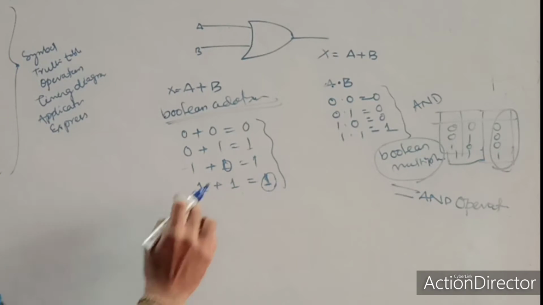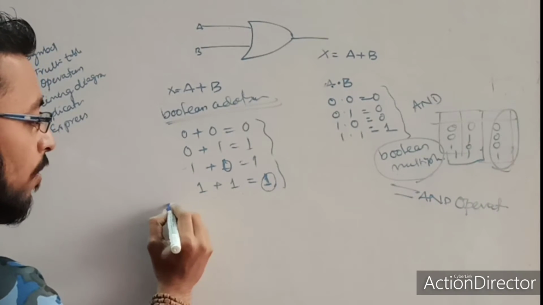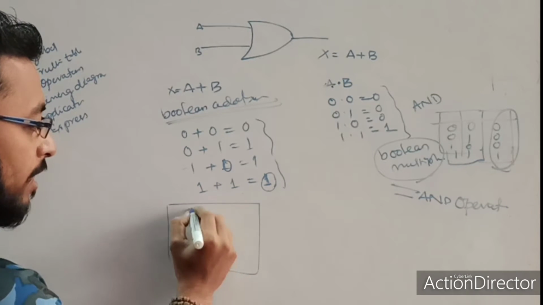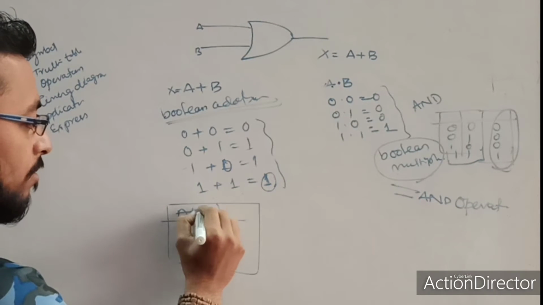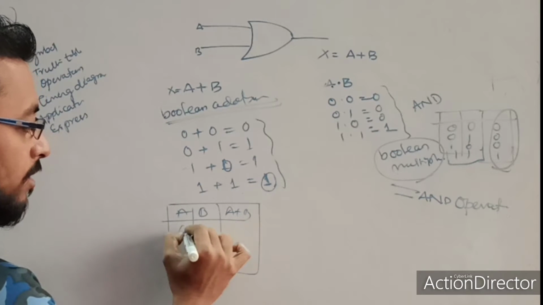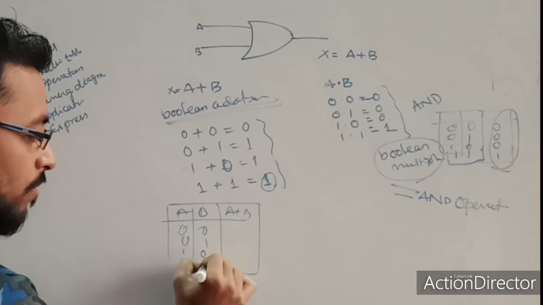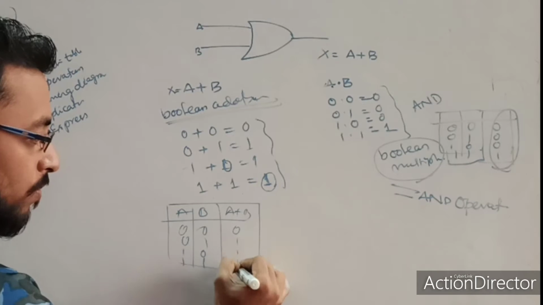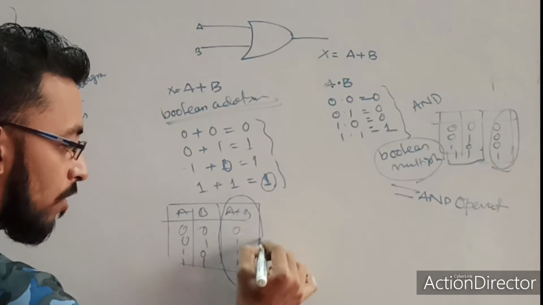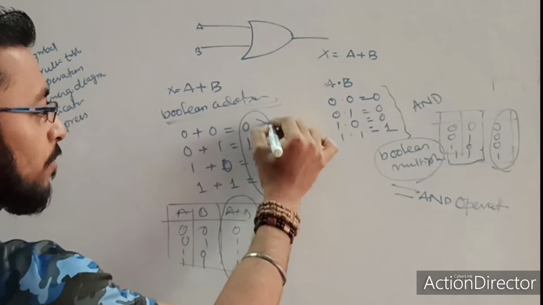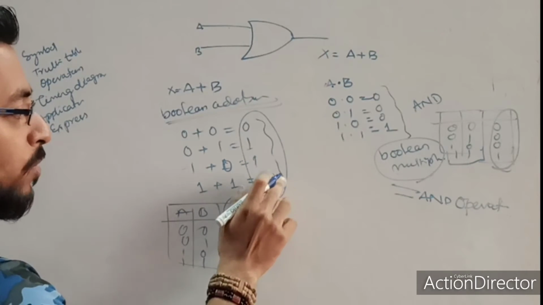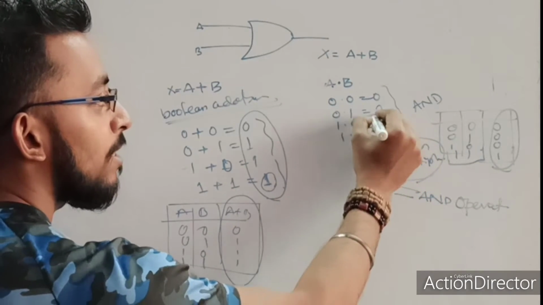So you can check, my Boolean addition is the same as my OR gate output. If you take two inputs A, B, this is A plus B, 0 0, 0 1, 1 0, 1 1. What is my output? 0 1 1 1. So the OR function output is the same as my Boolean addition. This is the Boolean addition, this is the Boolean multiplication.